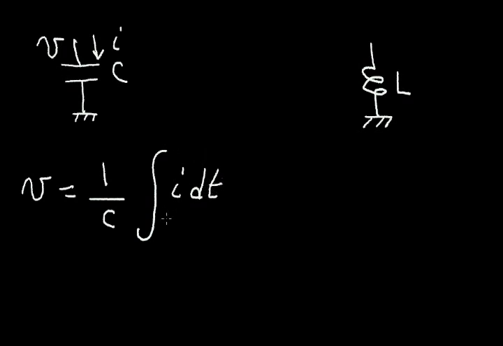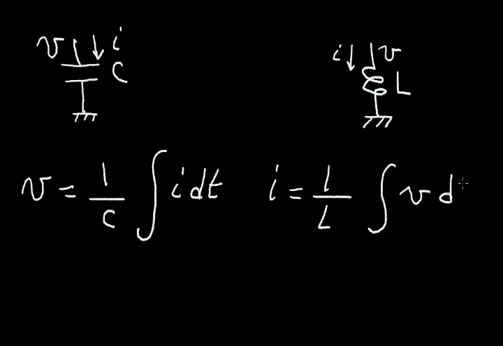The integral of I dt is a concept from calculus that I will explain in a second here. The equation for the current in the inductor, I, versus the voltage across the inductor, V, is I equals 1 divided by L, integral of V dt.